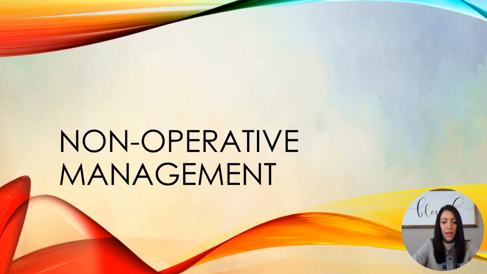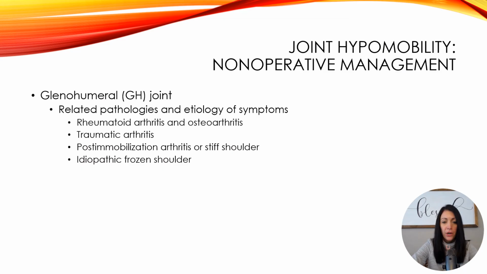All right, so getting into more non-operative pathologies first. And so we'll get started with that. Let me get my notes here, so that way we're all on the same page. Okay.